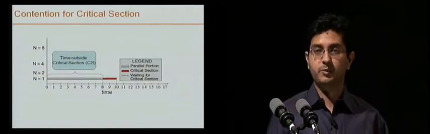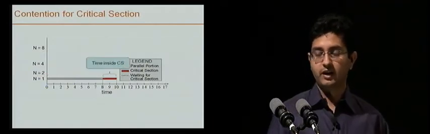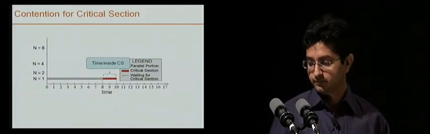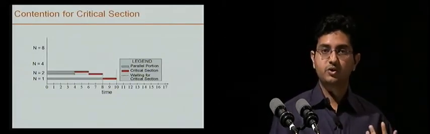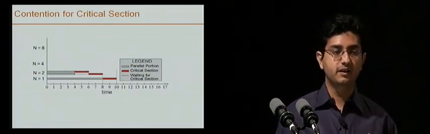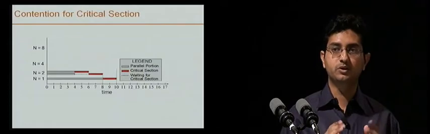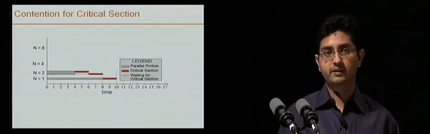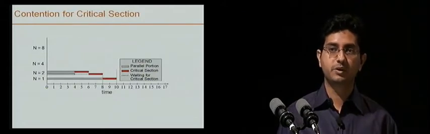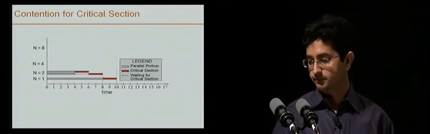80% of the time is spent outside the critical section, and 20% of the time is spent inside the critical section. With two threads, the time outside the critical section decreases because now each thread has to process a smaller portion of the page, while the time inside the critical section increases because more updates have to be done to the global histogram.